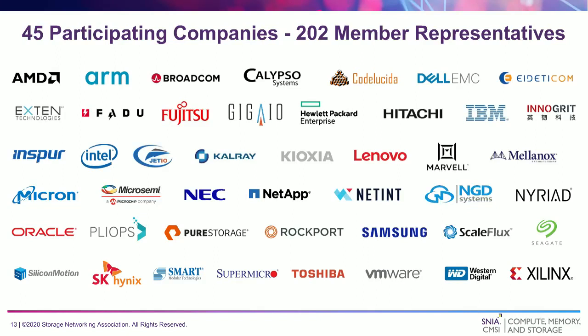If you take a look at the 45 participating companies, you'll be able to find, first of all, the companies that actually do computational storage products or services today and sell them in the market. But on top of that, you'll find the CPU manufacturers, the 6 NAND companies out there, and big participation from the ecosystem around storage systems and networking.